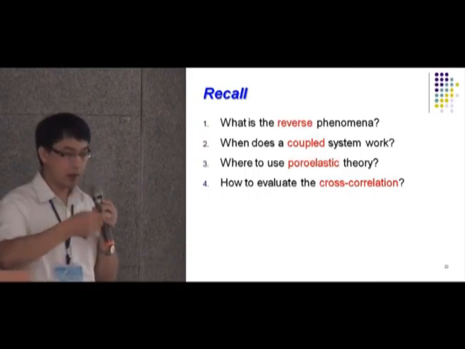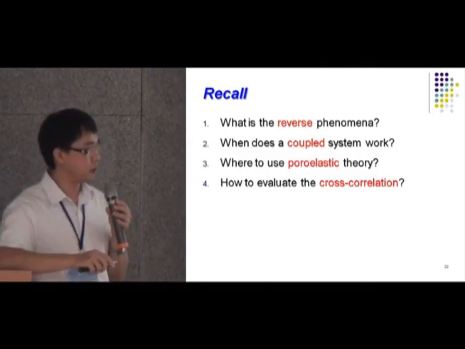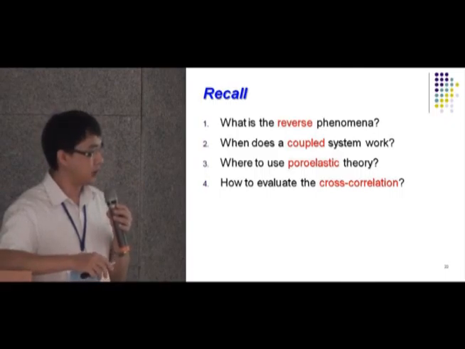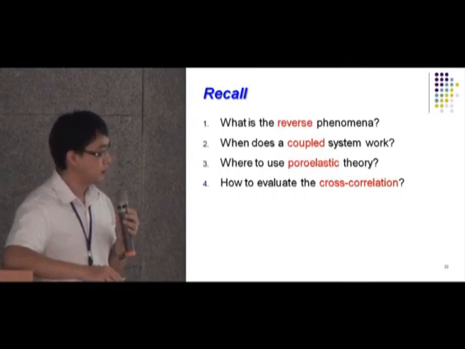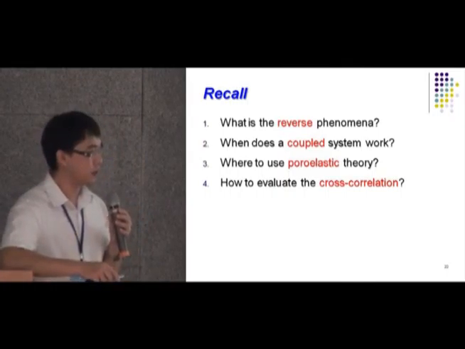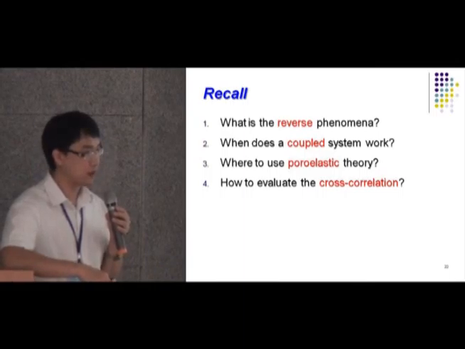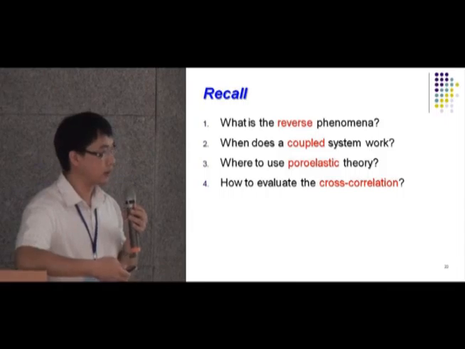If we have any solid phase or fluid phase, we can use poroelastic theory to explain the behavior. However, poroelastic theory has different types of modeling systems. There are some plastic or other thermal conditions here.